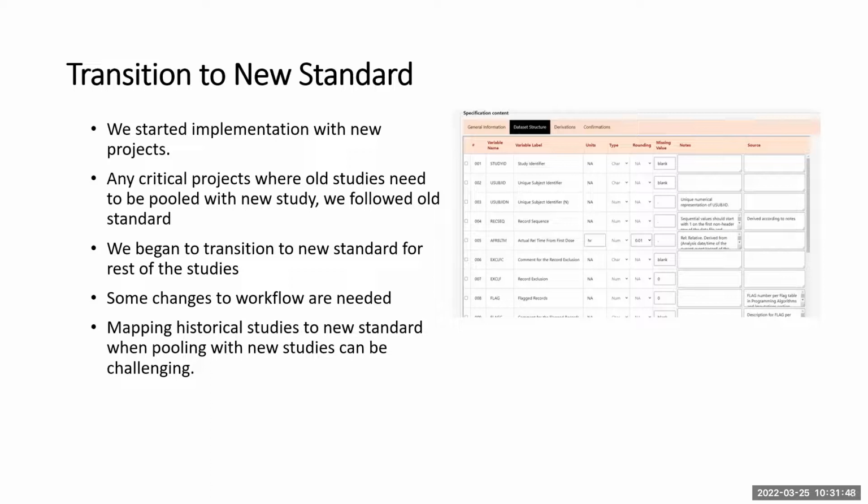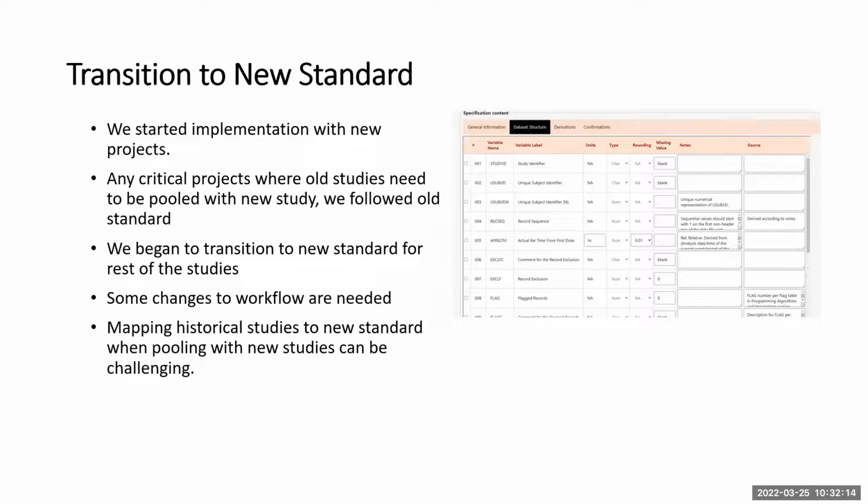So mapping historical studies to the new standard when pooling is going to be challenging. Let's say you have 10 studies already done in an old standard, and you're adding 2 more new studies to it. You do need to map those old ones to new. So sometimes there are challenges in finding consistency, whether it's rules for derivations or baseline.